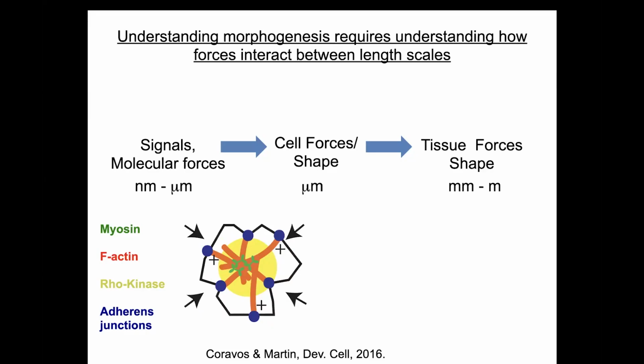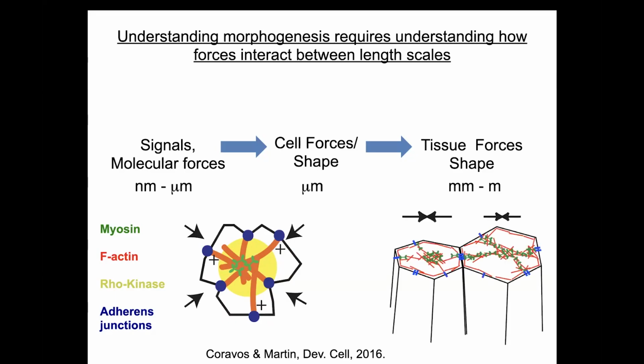But these cell forces, in order to change the tissue shape, have to transmit forces between cells and across the tissue. And for that, the adherens junctions, or some junction type, are important. It's required that these motor cytoskeletal structures are coupled at adherens junctions so that forces can be transmitted in a chain across from cell to cell.